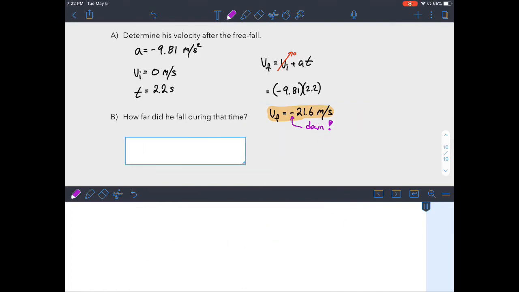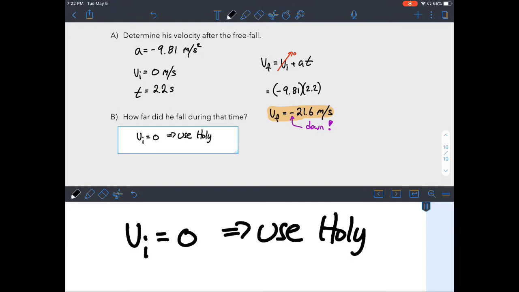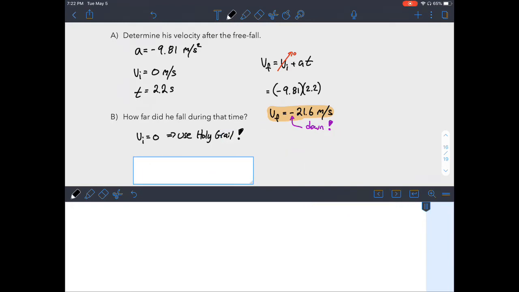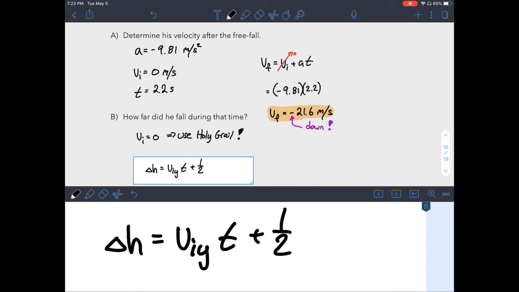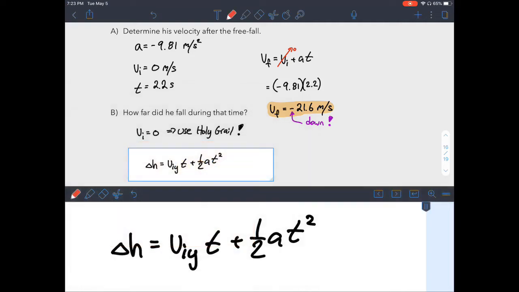Okay. Now, if we want to know how far they fell, remember I told you initial velocity is equal to 0. Use the Holy Grail. Well, this is exactly the same scenario. We want to know a distance traveled in the vertical direction, so we're going to get a change in height is equal to initial velocity in the y direction times time plus 1/2 at squared. This is our beautiful Holy Grail.